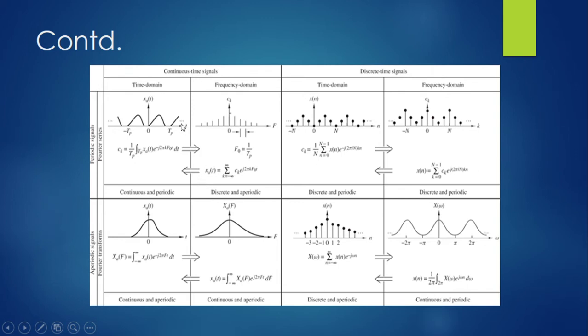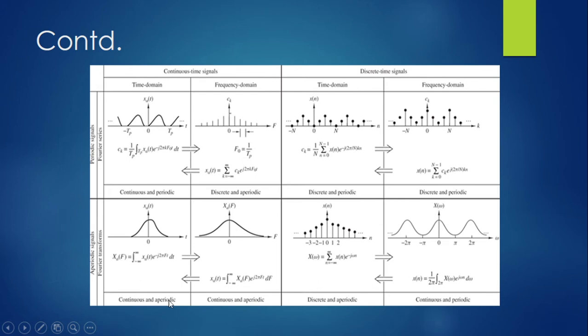Now, what you get in the frequency domain in the Fourier analysis, the output is discrete and aperiodic. This is discrete values, and these are aperiodic, not repeating itself. So if you have continuous and periodic signal, the Fourier transform you get is discrete and aperiodic.